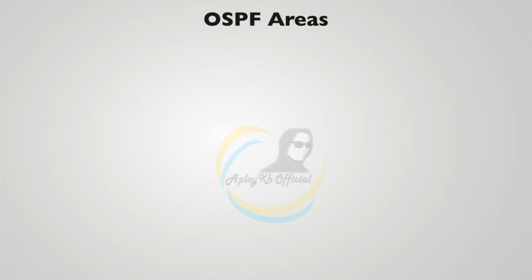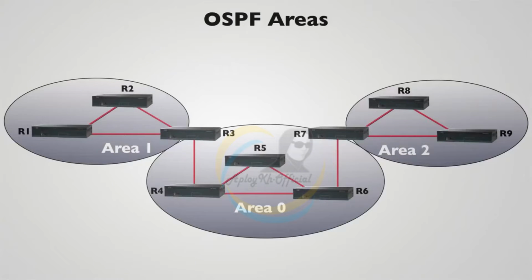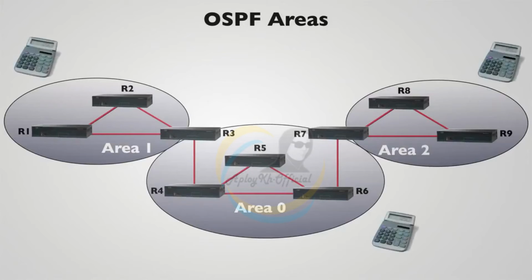However, some larger networks take all of their links and their routers and carve the network up into different areas. Here we have area 0 in the middle, area 1 on the left, and area 2 on the right. Within each of these areas, we're running that Dijkstra algorithm. In fact, that's one of the big reasons traditionally given for breaking a network up into different areas.